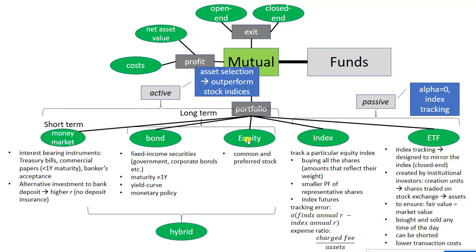And if they see that the market is going up, then they are increasing the high beta shares in their portfolio. But usually it is much healthier to combine bond and equity.